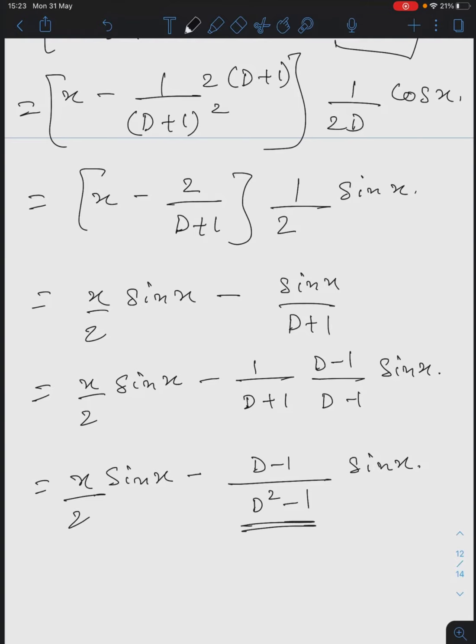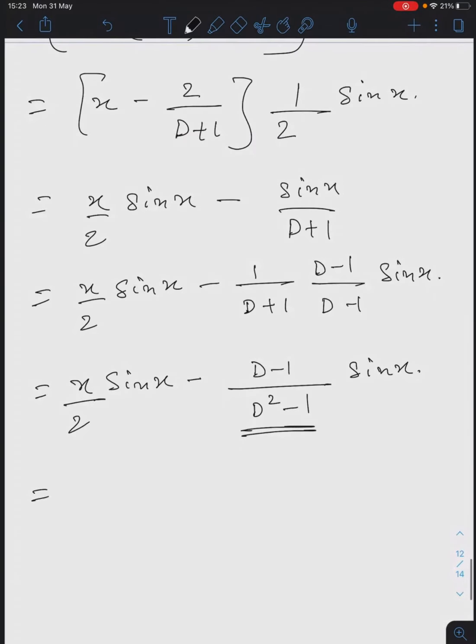First the denominator part we will apply on sin x. So that is x by 2 sin x as it is. D square is replaced with minus 1, so minus 2 will become plus 2. So (D minus 1) by 2 sin x.